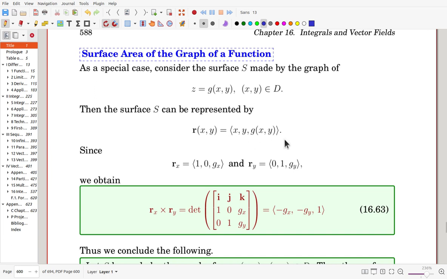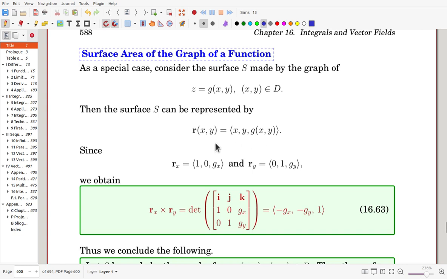The collection of points is the graph of the function, right? So this is a special case of representation for a surface. Of course, the function must be given, the surface must be given in this form as a graph of the function. Then we have this natural representation.